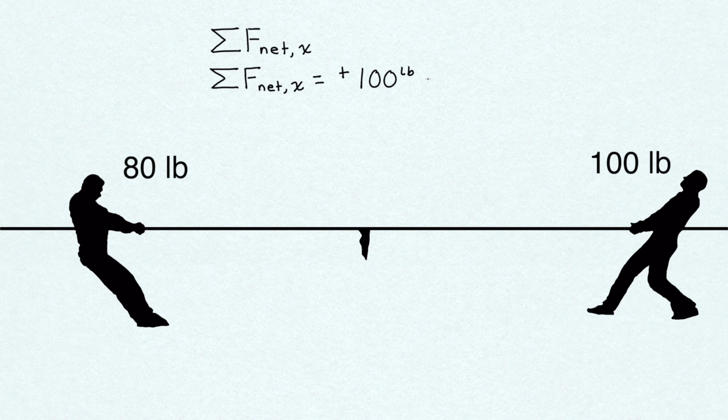And then we say minus 80 pounds, since it's going in the opposite direction, this way. So the 80 pounds is going against the grain to the 100 pounds. The two guys are pulling in opposite directions. So 100 minus 80 equals 20. So the final result is going to be 20 pounds of force. Since it's 20 pounds in his favor, the net force is 20 pounds going in this direction.